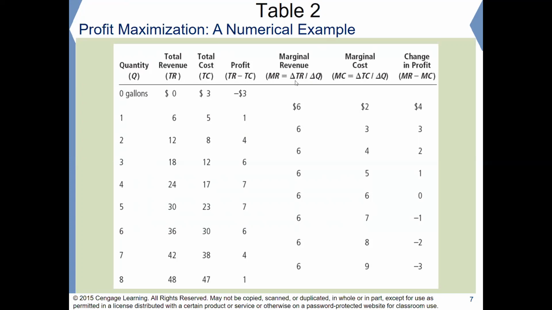And marginal revenue is the change in total revenue divided by the change in quantity, the additional unit of quantity. And marginal cost is the change in total cost divided by the change in the quantity.